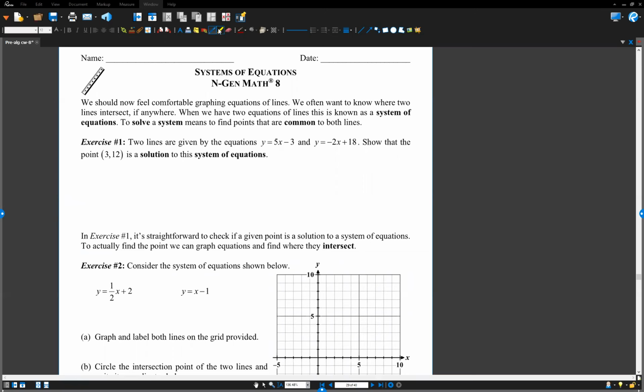When you have two graphs right here, they have an intersection over here. This is we say a solution. Or sometimes the lines are parallel. This is we say no solutions because there's no intersection, right?